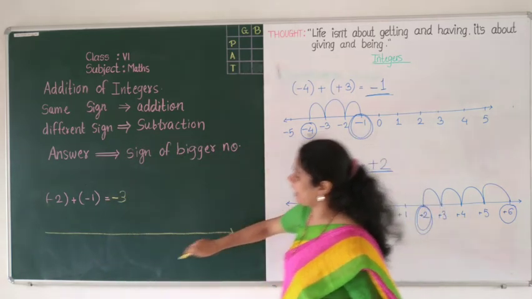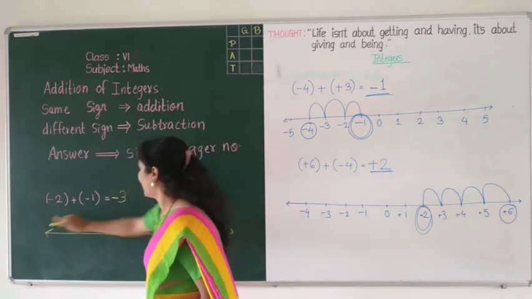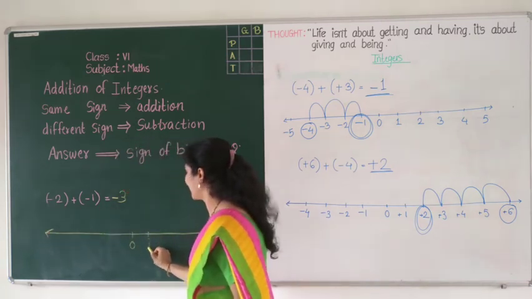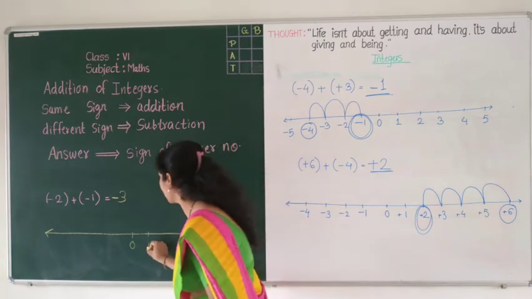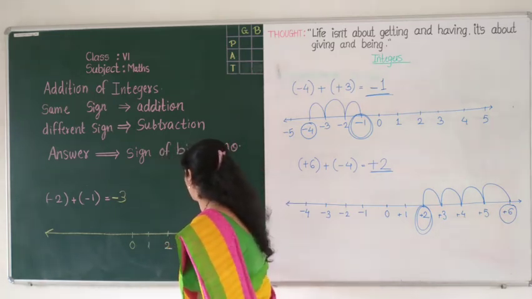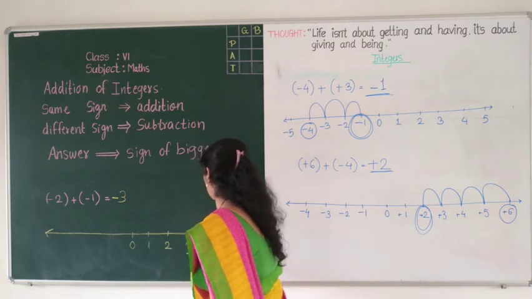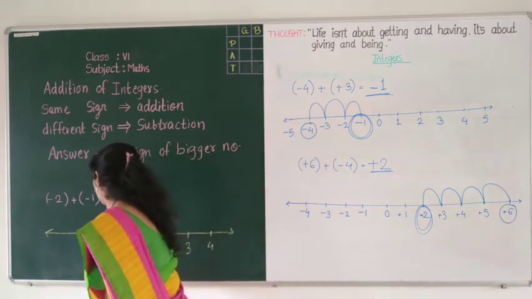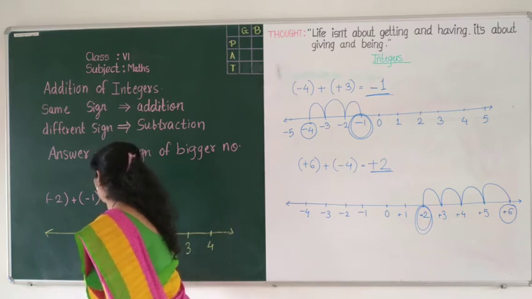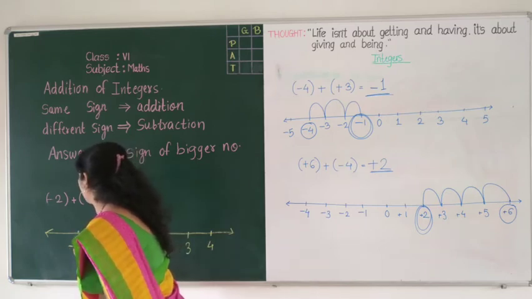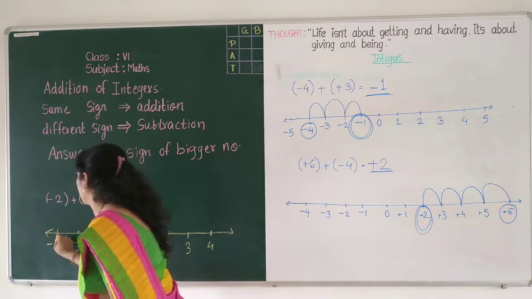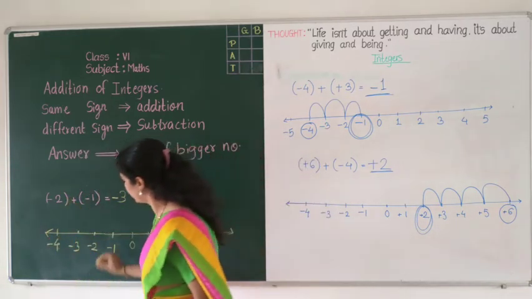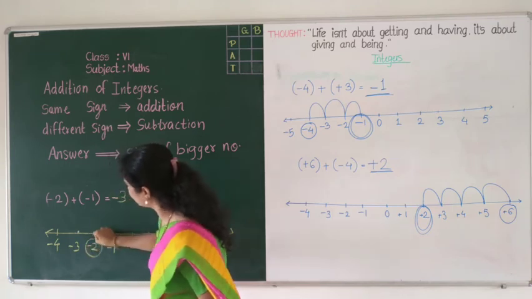Number line. In the middle there is a 0. On the right hand side all are positive integers: 2, 3, 4. And on the left hand side all are negative: negative 1, negative 2, negative 3, negative 4. So where is the negative 2? Here is the negative 2.